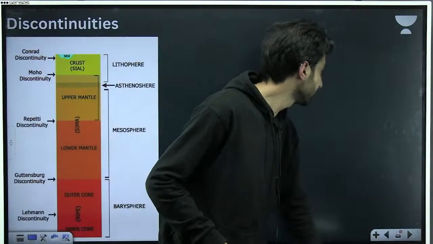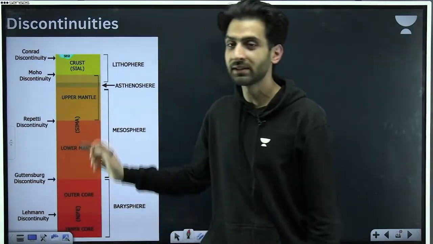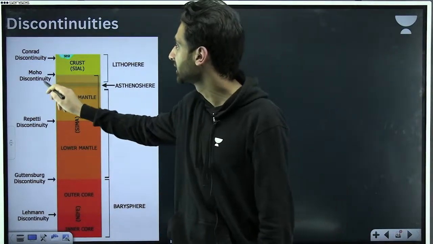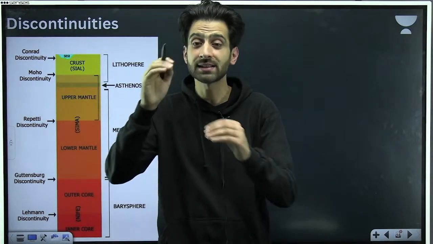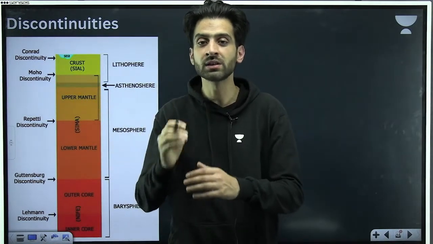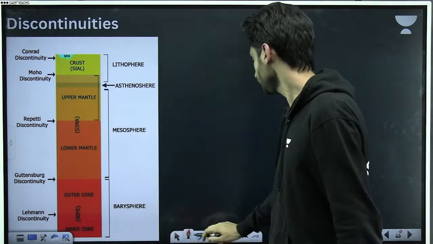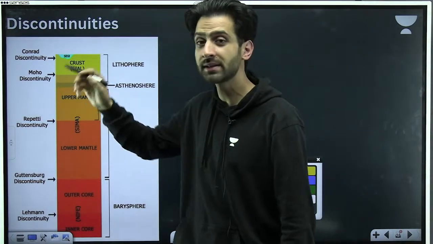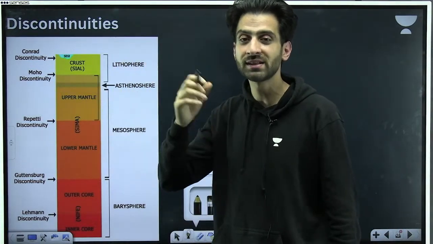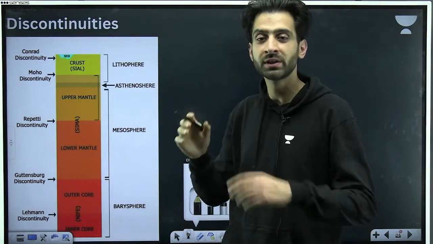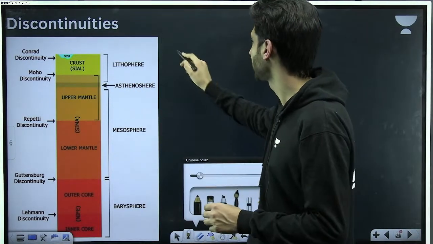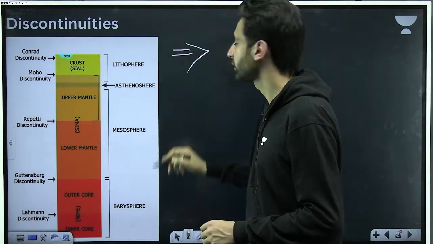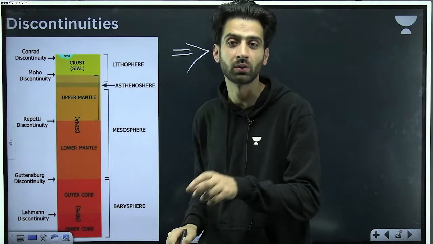Now we are left with the discontinuities. There are a few discontinuities that separate different layers of the earth. We'll start with the first discontinuity, which separates the upper crust and the lower crust. We won't discuss what the upper and lower crust are right now; it is only based on the composition of the minerals.